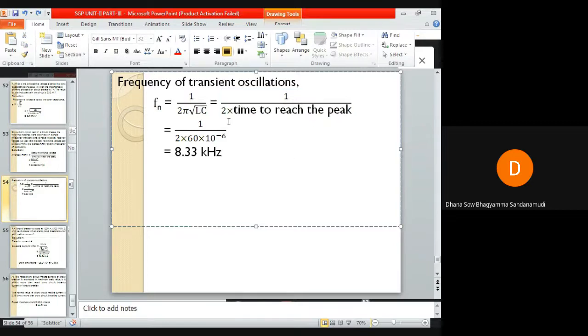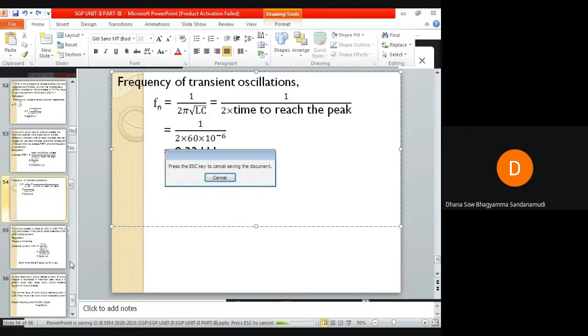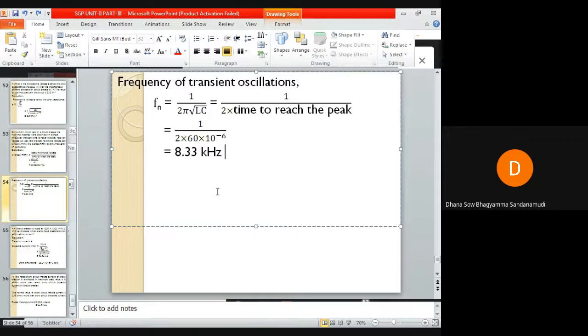So 1 by 2 into the time to reach the peak value, which is nothing but pi root LC. The time taken to reach the peak value is 60 microseconds. Substitute this value here: 1 by 2 into 60 into 10 power minus 6. You will get 8.33 kilohertz. Yes, 8.33 kilohertz is the value for the frequency.